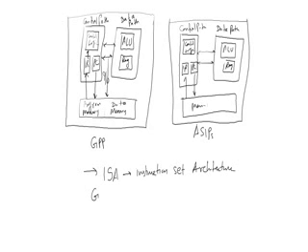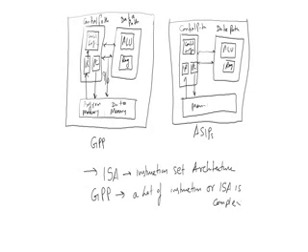A general purpose processor supports a lot of instructions, or we can say that its ISA is complex.